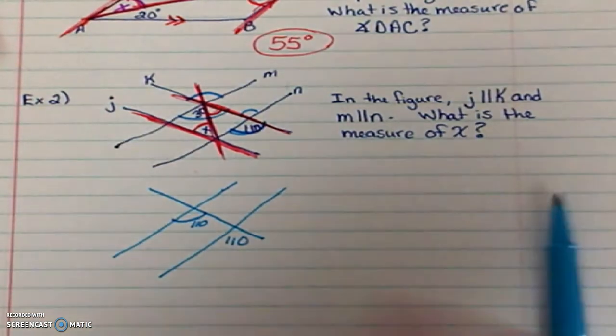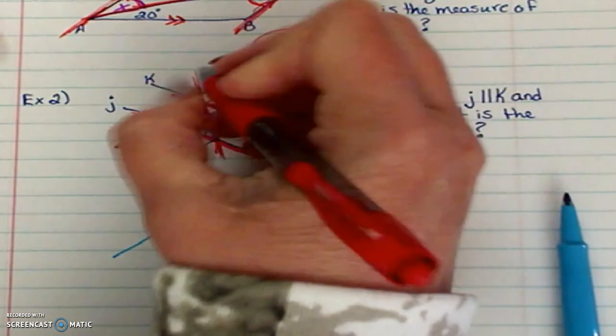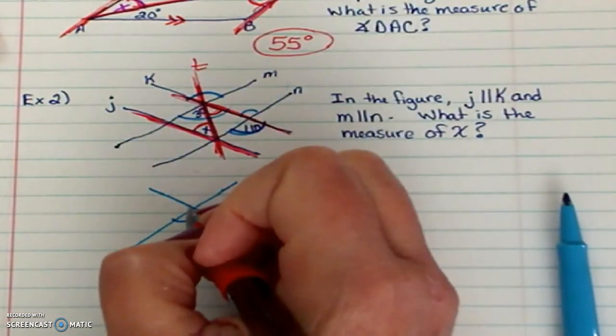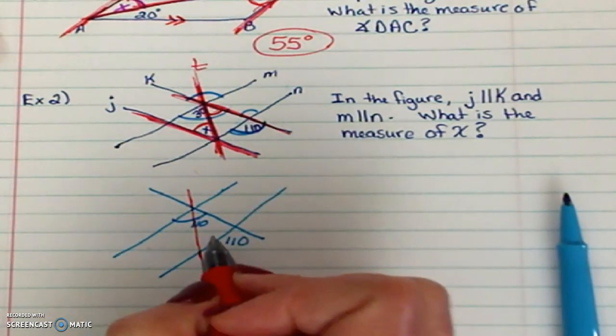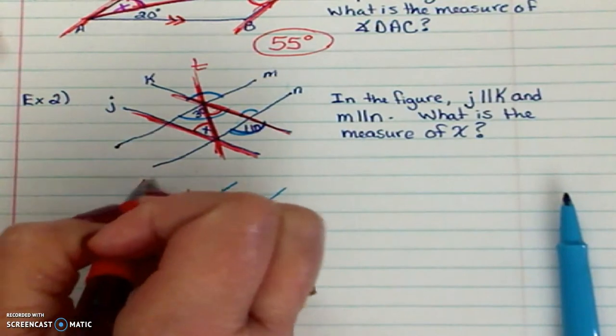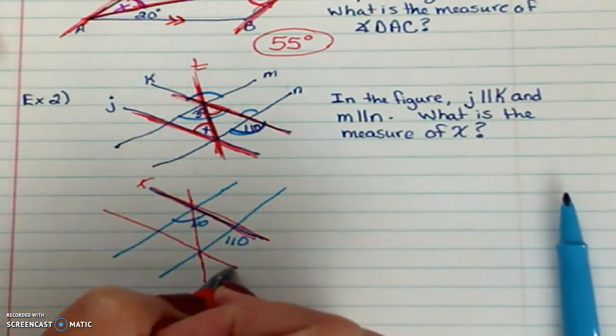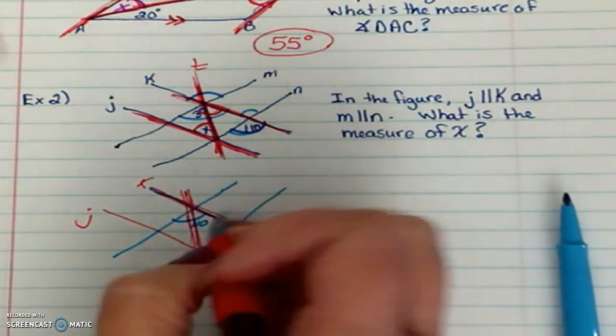Now what they have done is they have split that. I'm going to take this transversal right here, transversal T, and I'm going to sketch that into my graph. And in transversal T, I have this parallel line, which is K, and I put in the next parallel line, which is J, cut by this transversal.